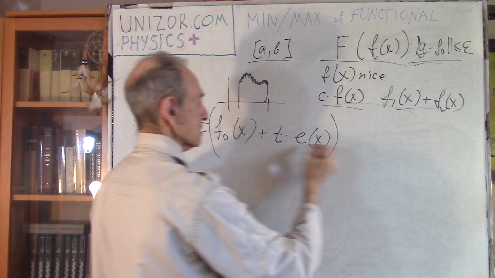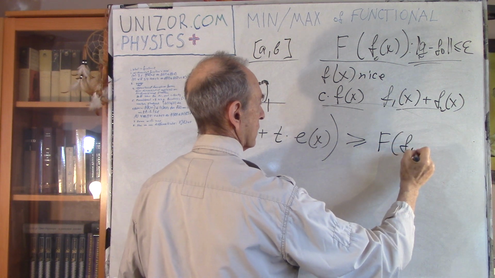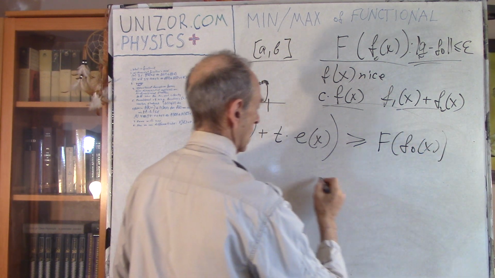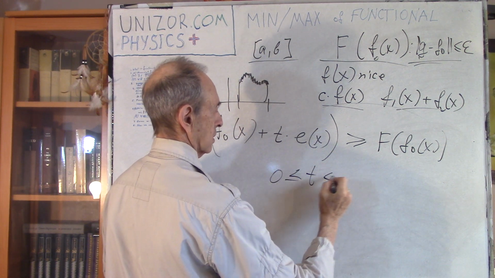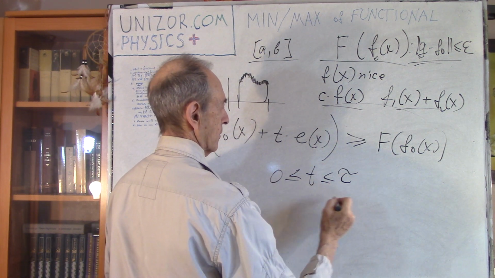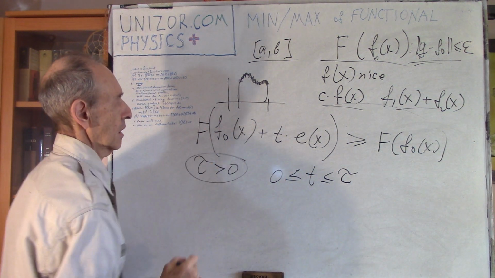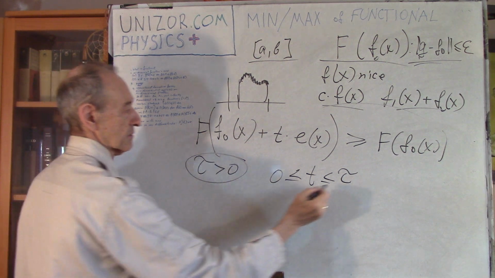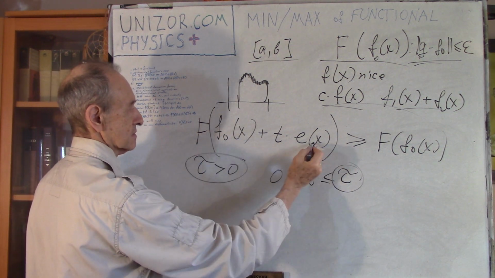If this is greater or equal than f of f0 of x for t greater than 0 and less than tau, and tau should be some kind of a positive number.